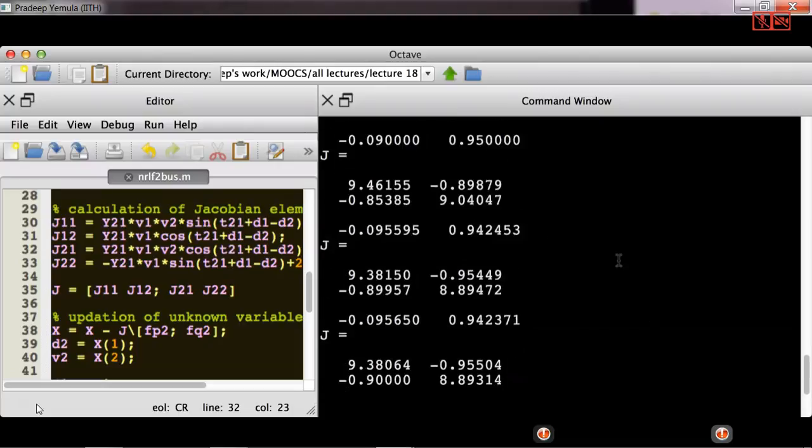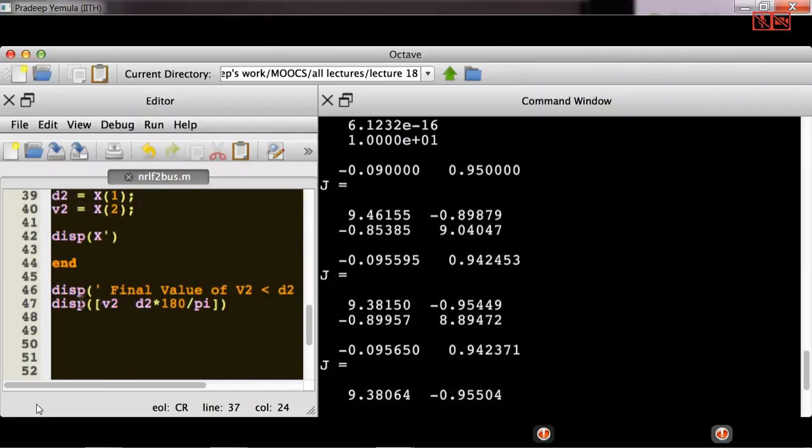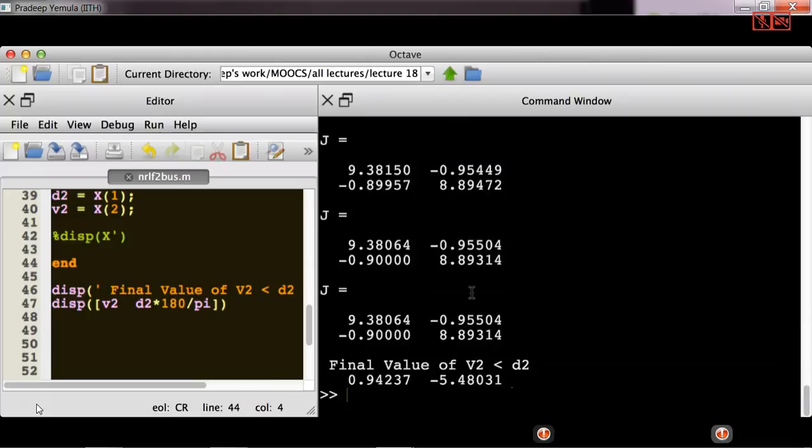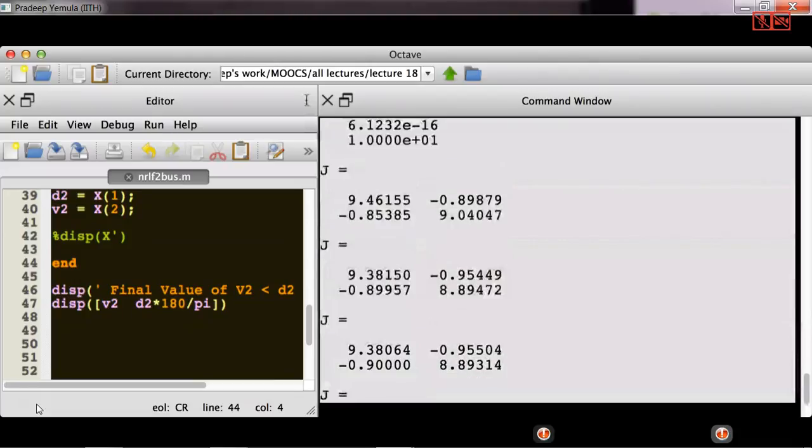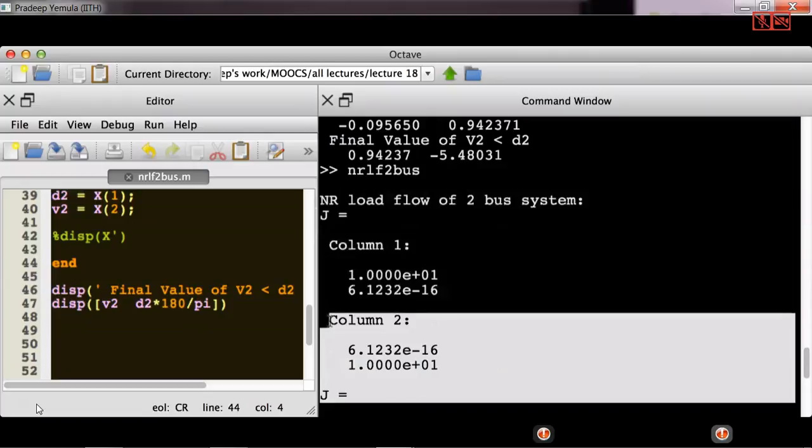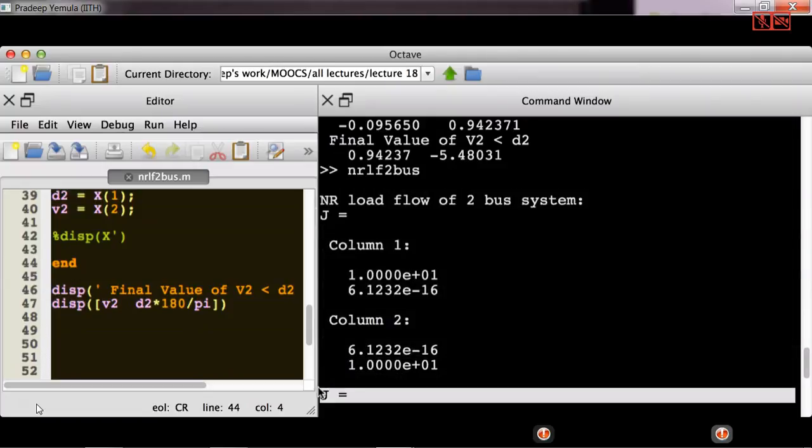Okay, so I have here, and let me disable this. So you see, on the screen you see this is 1 e to the power of 1.